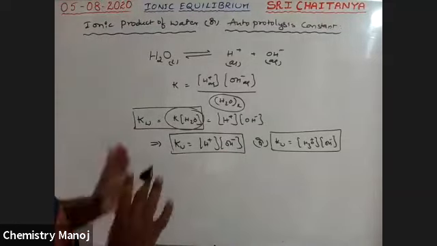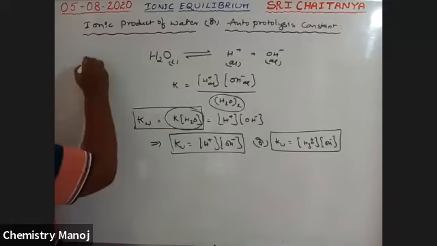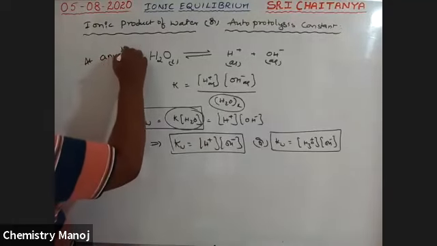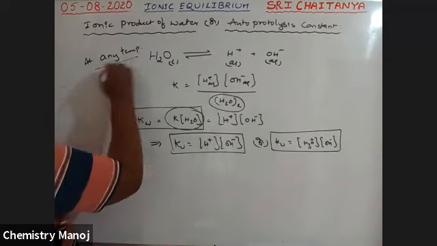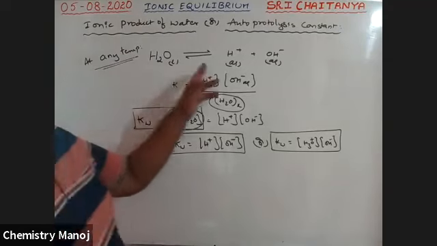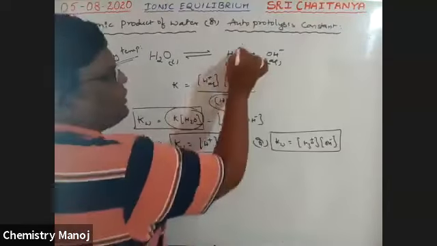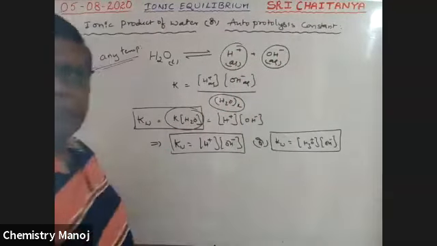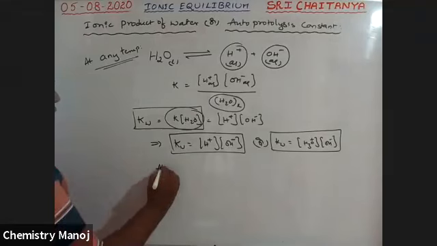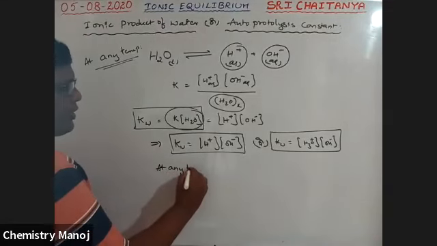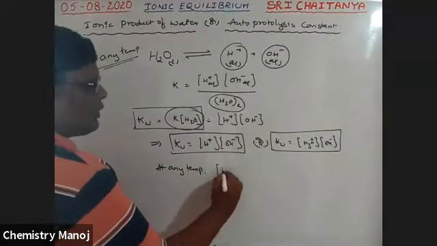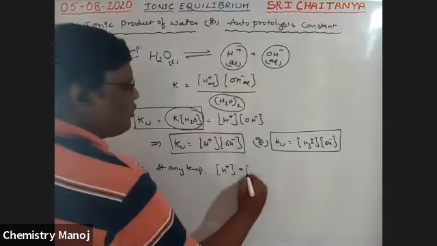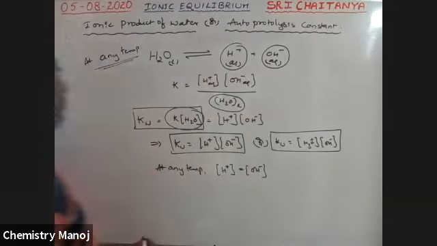See, boys, at any condition, at any temperature, so listen continuously. At any temperature, water is ionized, which means the concentration of H plus ion must be equal to the concentration of OH minus ion.